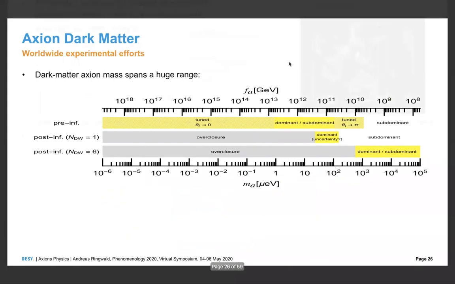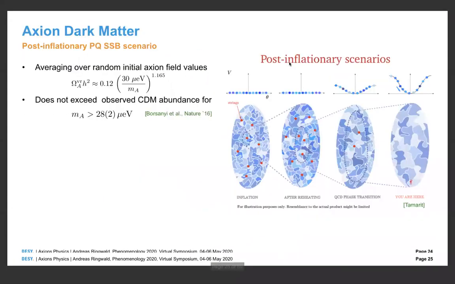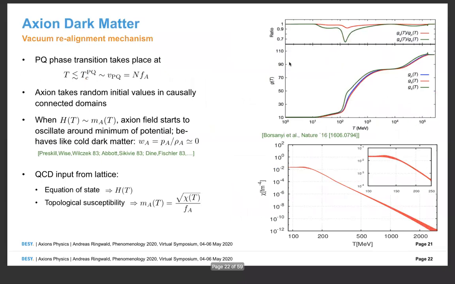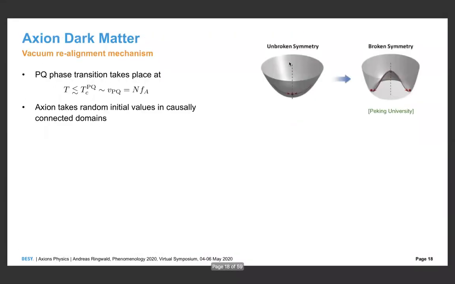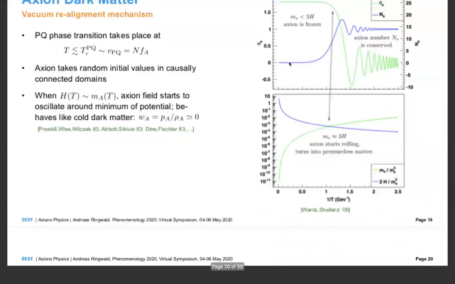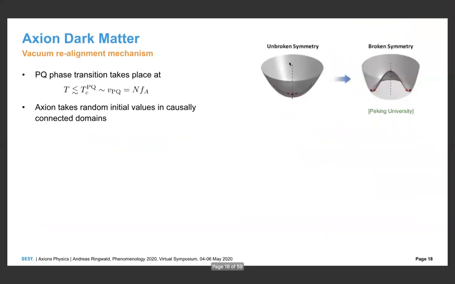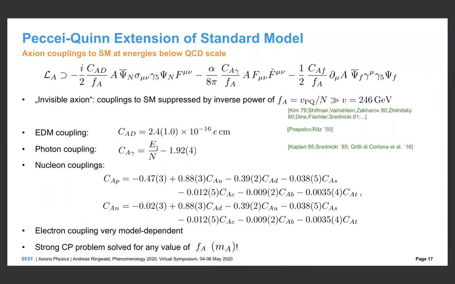So the E/N is the model dependent factor. In the KSVZ model, which doesn't introduce new things, if you introduce just one extra quark, N is equal to 1 and E is equal to 0. So C_aγ is minus 1.92. So this is fixed.